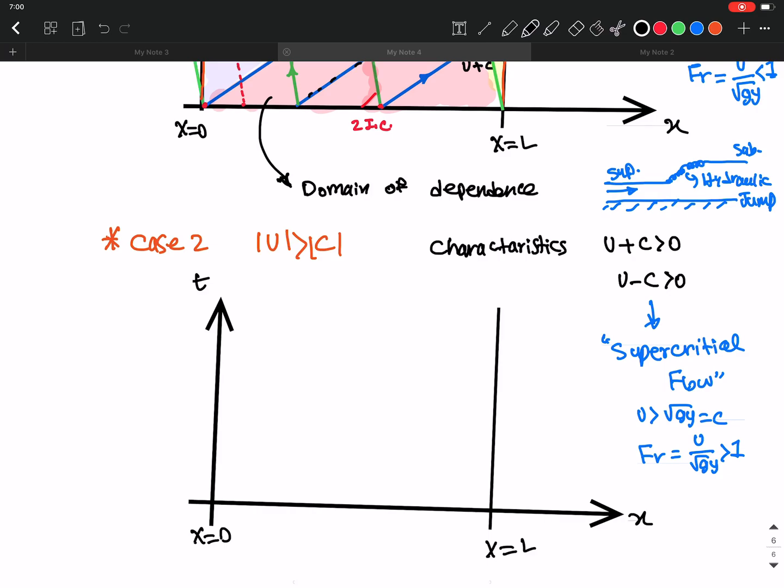Now we have two characteristics, so let me draw them. This is going to be the first characteristic, and we can just go on here for the other ones. And the second one also has to have a positive slope, okay? So I'm going to plot it.